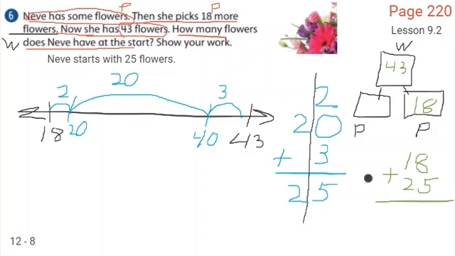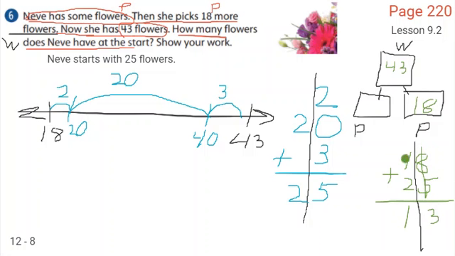Let's set our boundaries here for our ones and our tens. So we're going to do a partial sum. So 8 plus 5 is, let's count on: 8, 9, 10, 11, 12, 13. So it's 13. Cross this out because we've already done the ones.